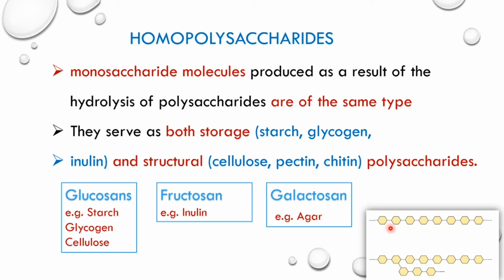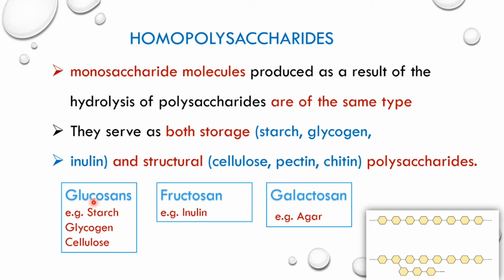Here, this is a linear chain homopolysaccharide. That is, the same monosaccharide units joined together by glycosidic linkage to form the polysaccharide. This is a branched homopolysaccharide. So, a homopolysaccharide is either linear or branched, but it is composed of the same type of monosaccharide units.